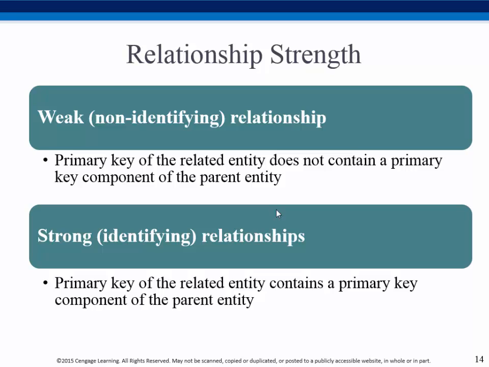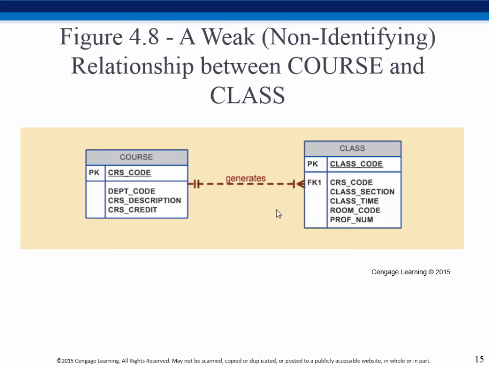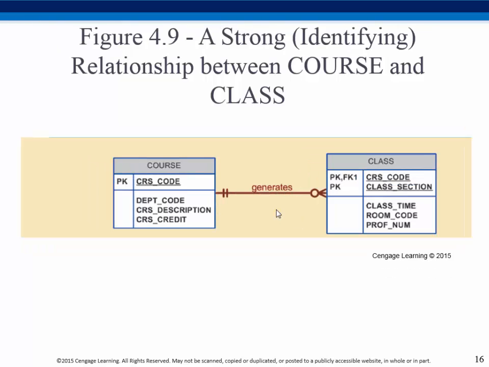Therefore, a strong relationship exists between course and class because course code, the primary key of the parent entity, is a primary key component in the class entity. Here it shows a weak relationship between course and class, and there it shows a strong.